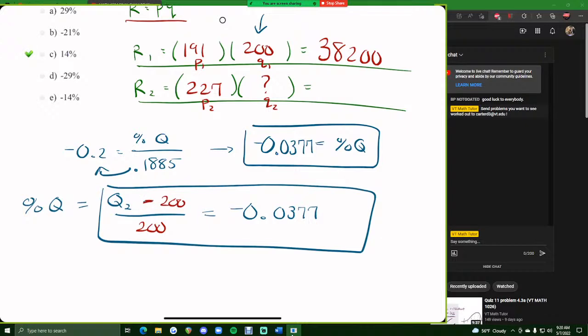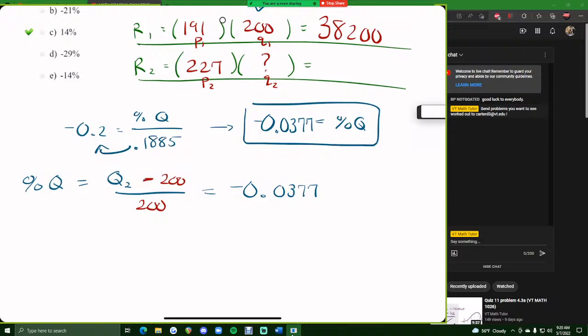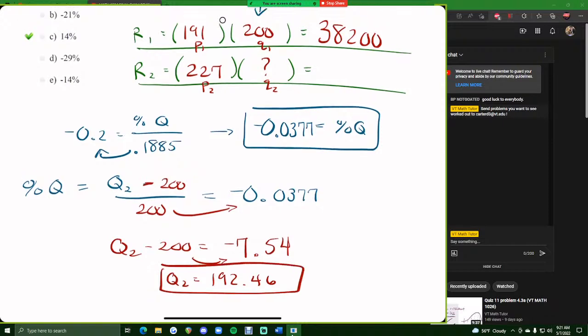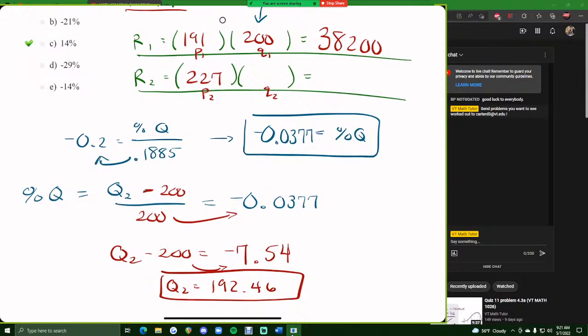And now we have an equation for which we can solve for Q2 by multiplying to the right side this 200. When we multiply that decimal on the right by 200, we get negative 7.54. Last step is just adding the 200 to the right side. This gives us our second quantity of 192.46.